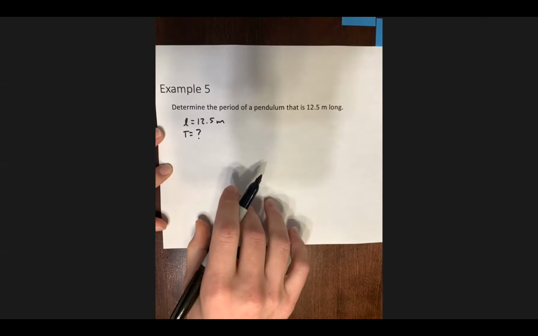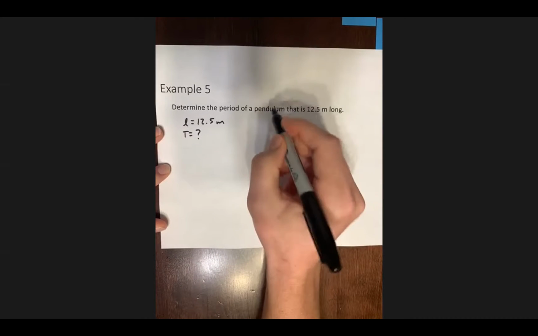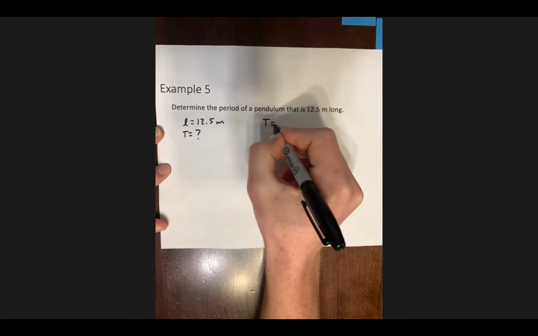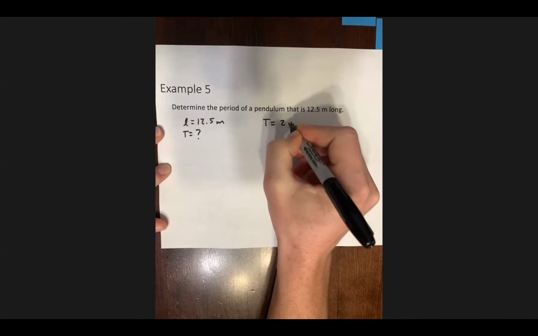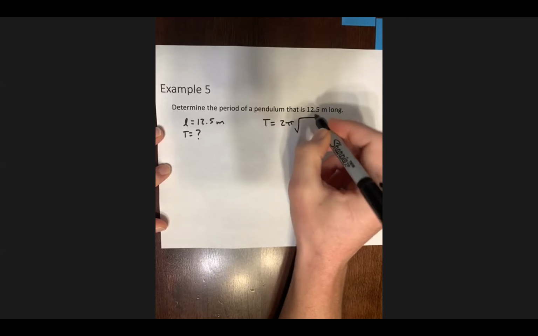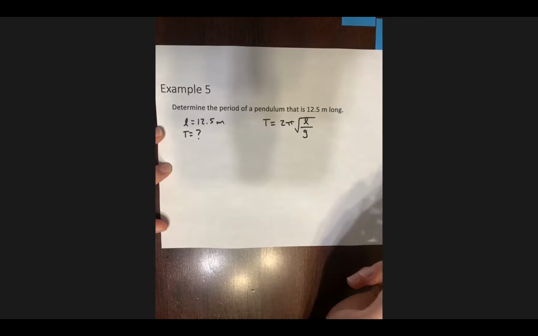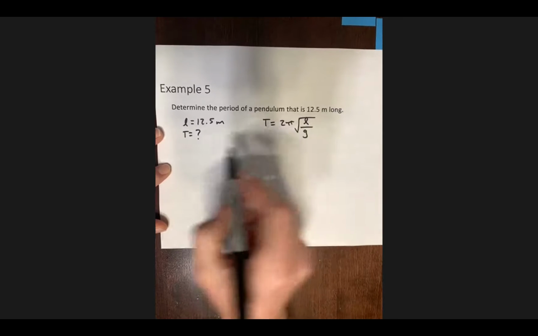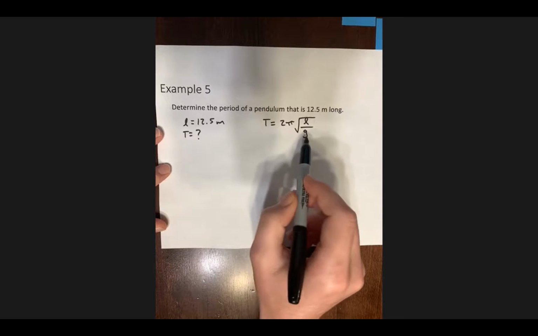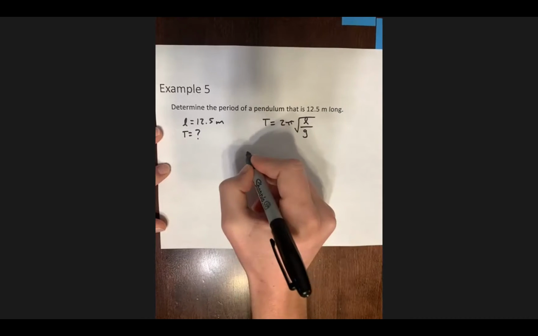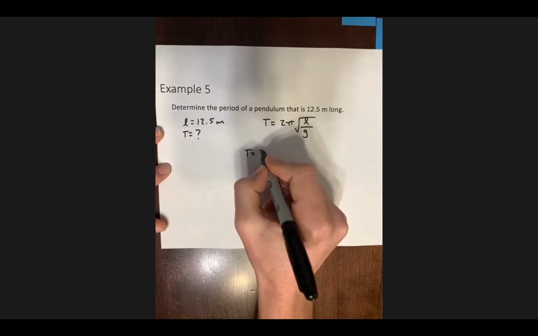So if you look on your formula sheet, you will find one that says period T is equal to 2 pi times the square root of the length of the pendulum divided by the gravitational field strength at that location. So we know length, and we're assuming that we're on Earth here because it does not say otherwise. So we can just go ahead and sub those in.